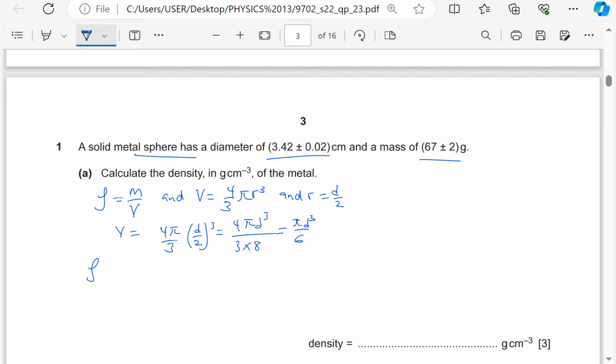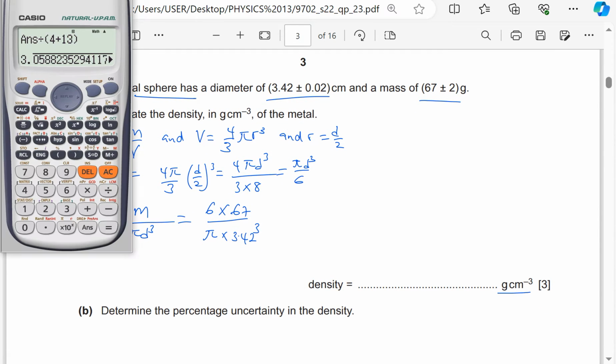So density is going to be the mass divided by the volume, where the volume is pi d cubed over 6, so the 6 goes up and I remain with pi d cubed in the denominator. So this is going to be 6 times 67 divided by pi times d. We want the answer in grams per centimeter cubed, so the diameter can remain in centimeters, times 3.42, and this is raised to power 3.